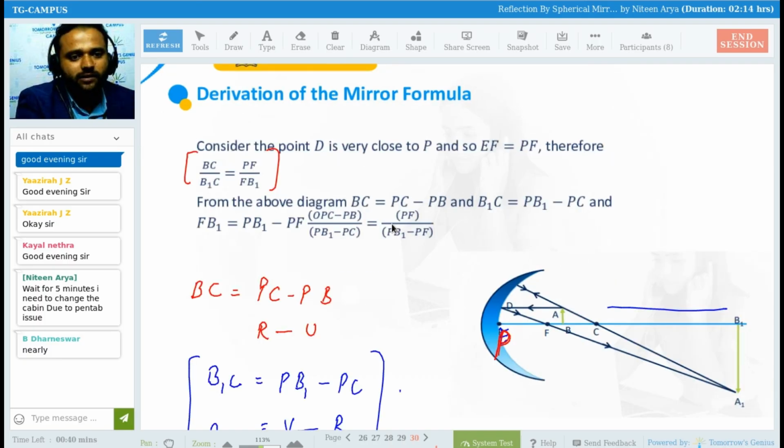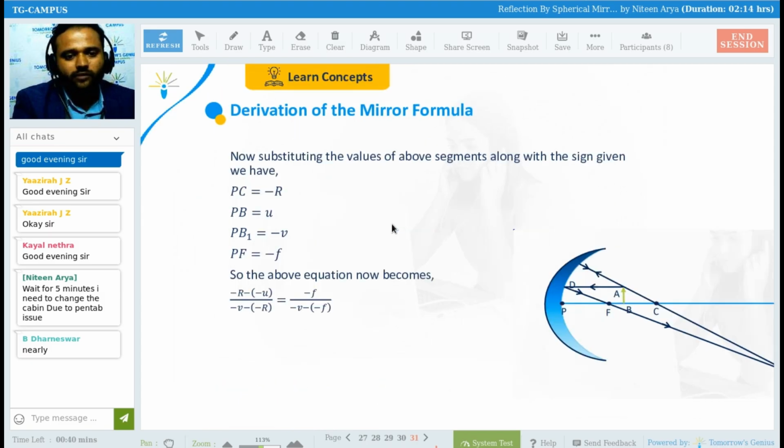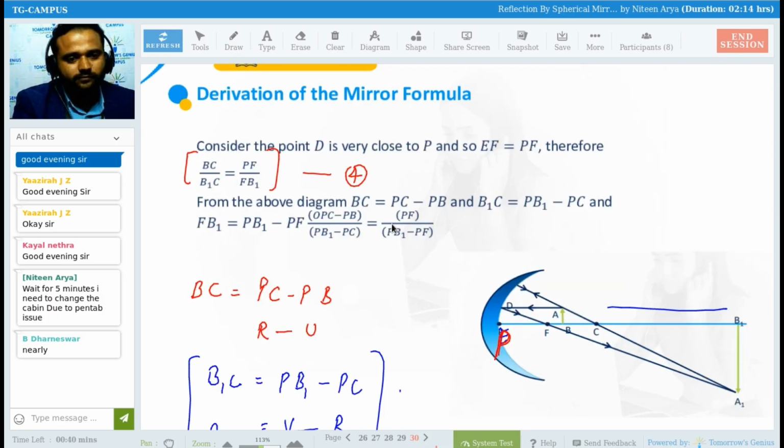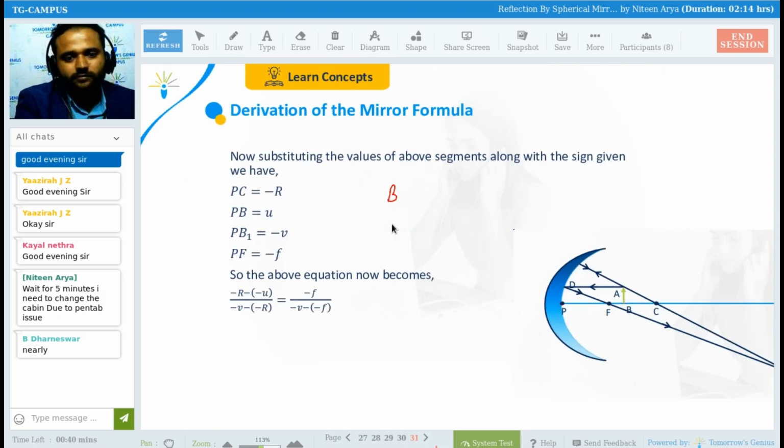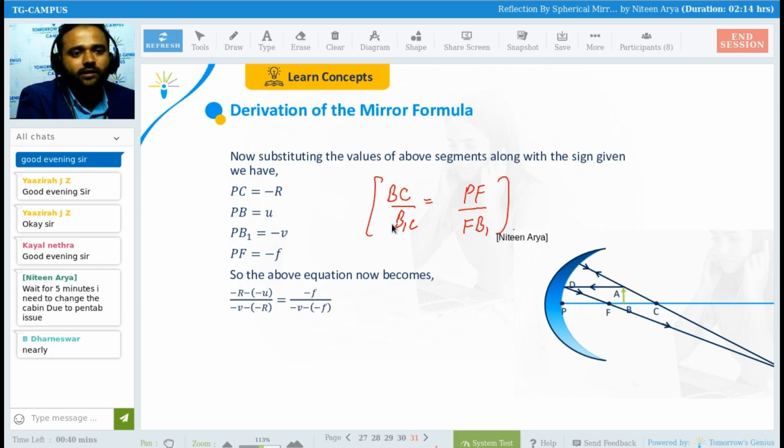Solving this equation number 4, what is equation number 4? BC upon B1C equals PF upon FB1. This is my equation number 4.